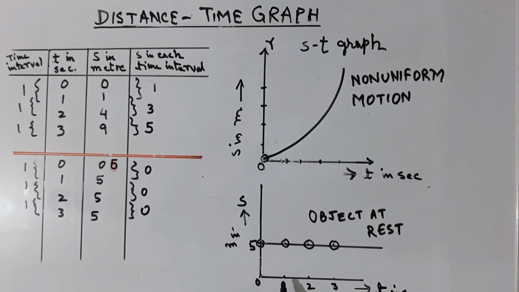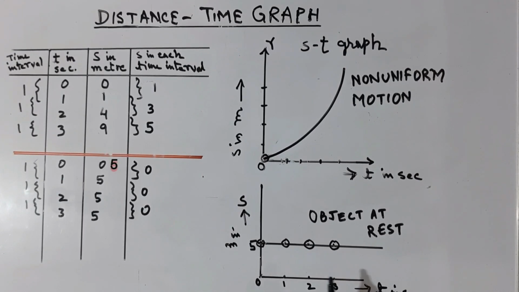It means that the object is at rest, it is not moving at all, and the distance remains constant, meaning the speed of the object is 0. Technically speaking, it is a case of uniform motion where the object is moving with a constant speed that is equal to 0.